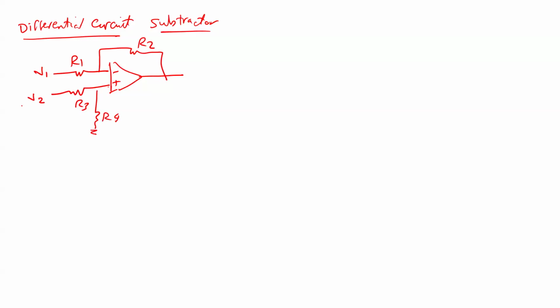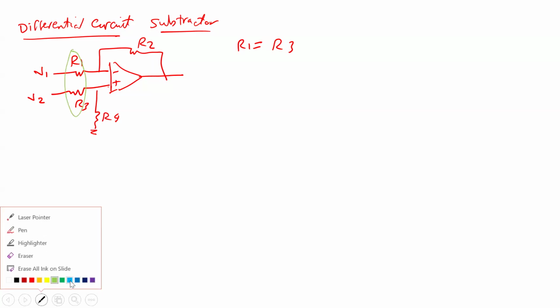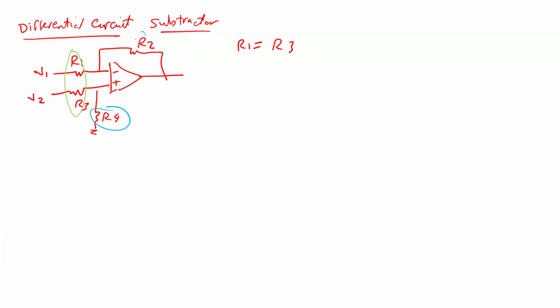For the output, I will take a special case just to make it easy. You can do that in the test. I'm going to take a special case when R1 equals R3, so these two are equal, and these two are equal.